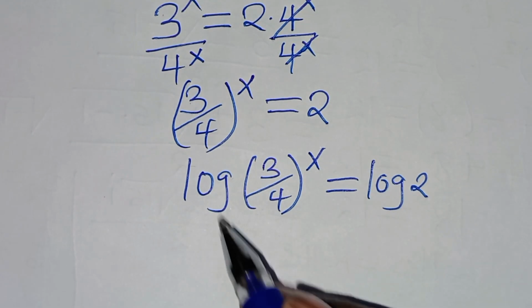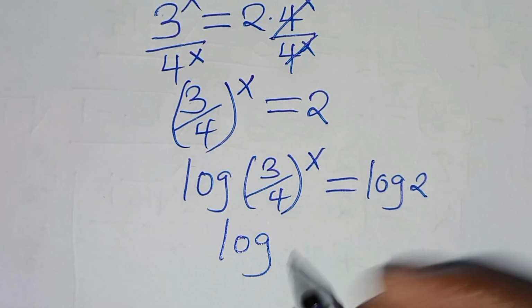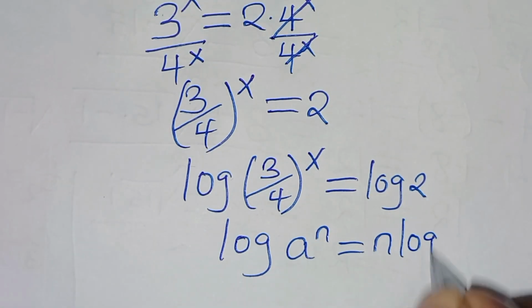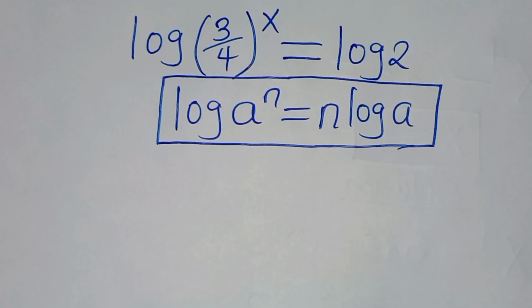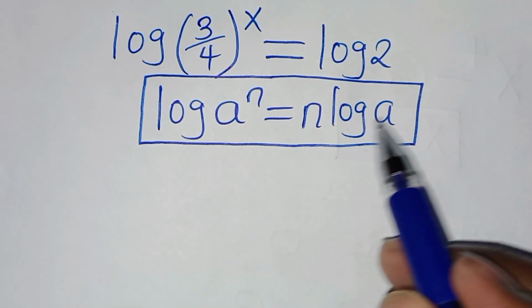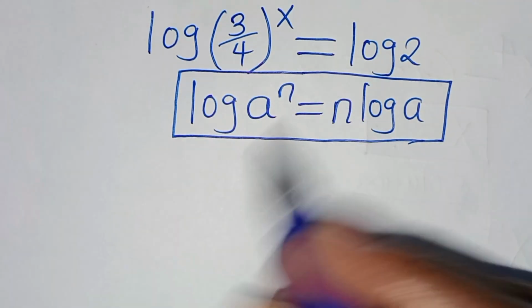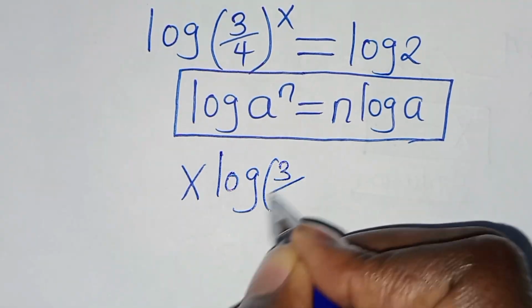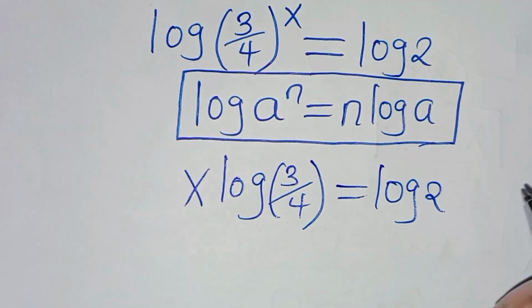So you find that log of 3 over 4 to the power x is in the form of log a to the power n, which you can express as n log a. So let's apply this power rule property. Then log of 3 over 4 to the power x becomes x log 3 over 4, equal to log 2.